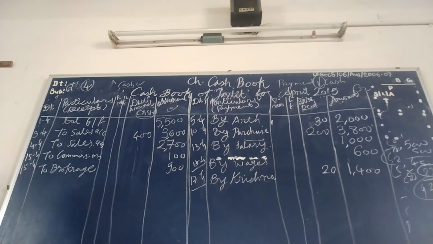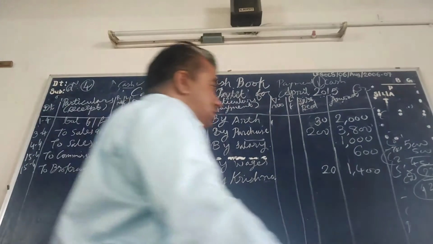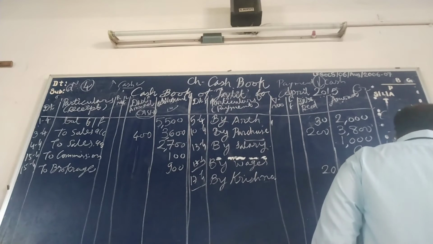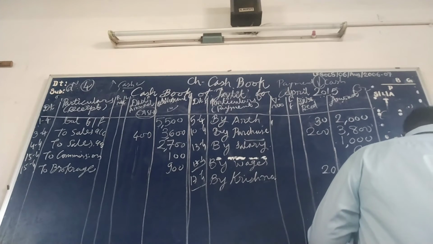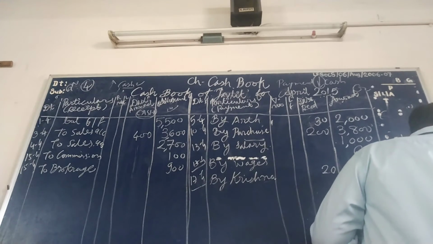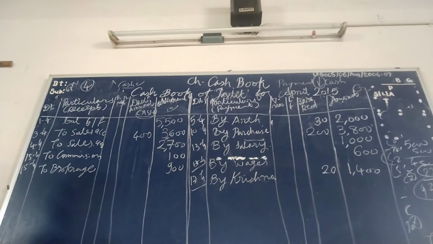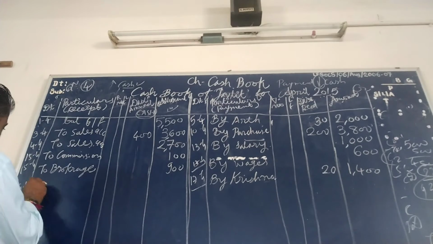So what will be the journal entry for this: cash account debit, discount account debit, to sales account. So we write here 18th of April, to sales.